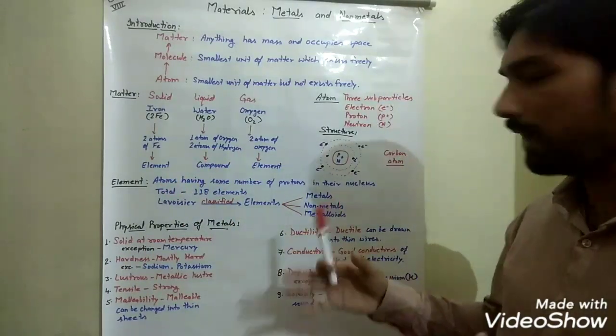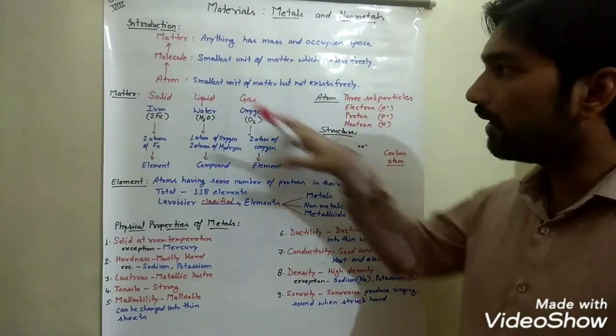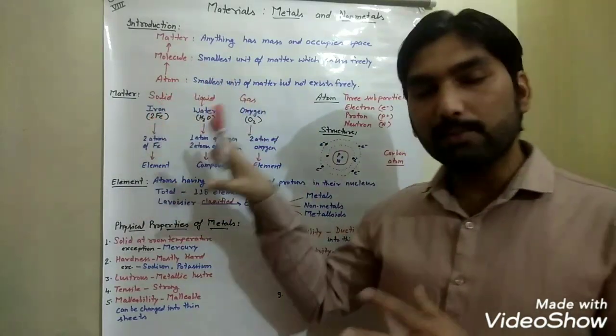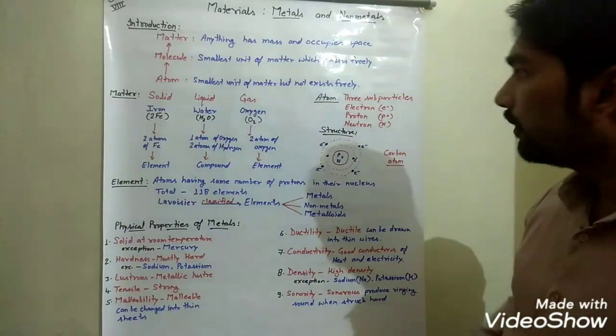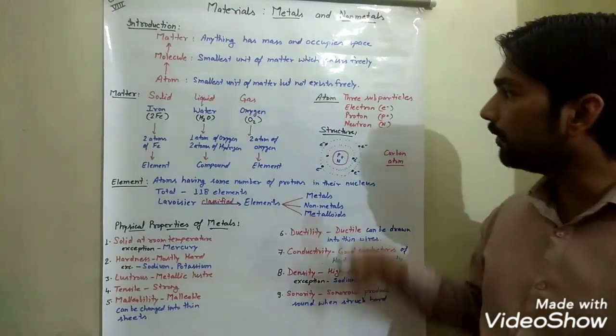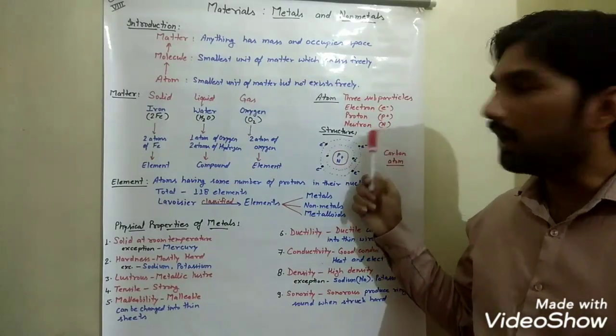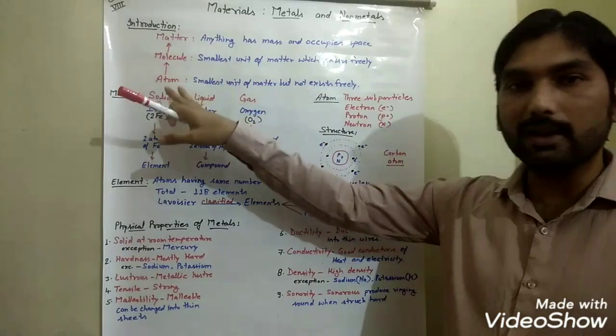Perhaps a few of you have knowledge about the structure of an atom, that is, what is present inside the atom. Three subparticles known as electron, proton and neutron are present inside an atom.